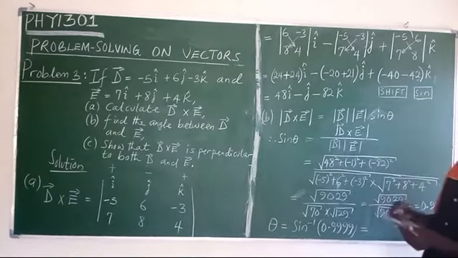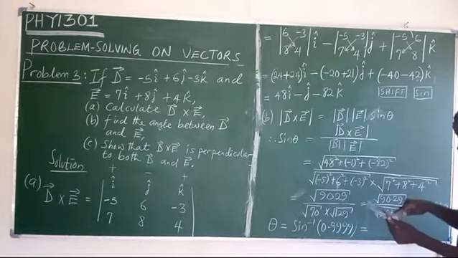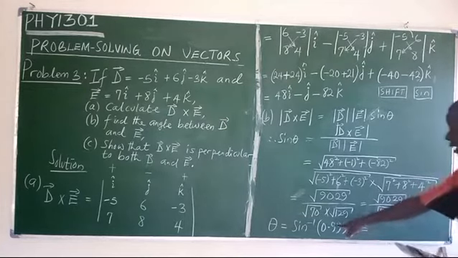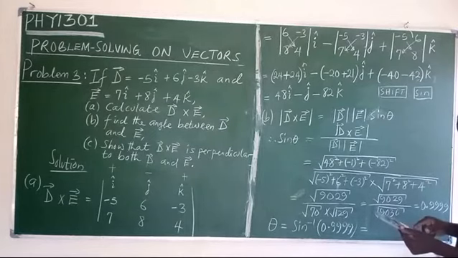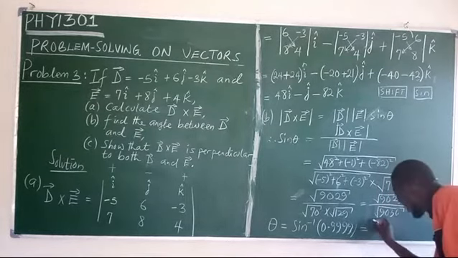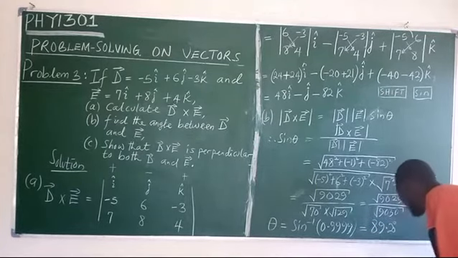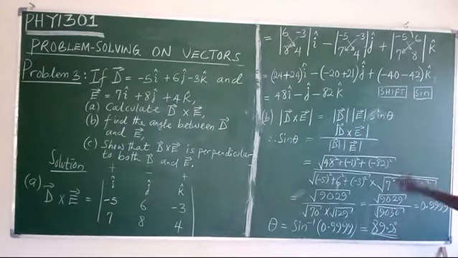You will see sine inverse being displayed on the calculator. So I will press shift sine, and sine inverse appears. Next, I will write this 0.9999. So this gives me approximately, correct to 1 decimal place, 89.2 degrees.